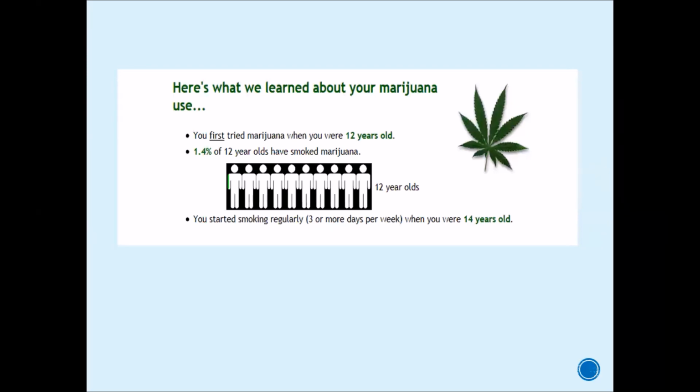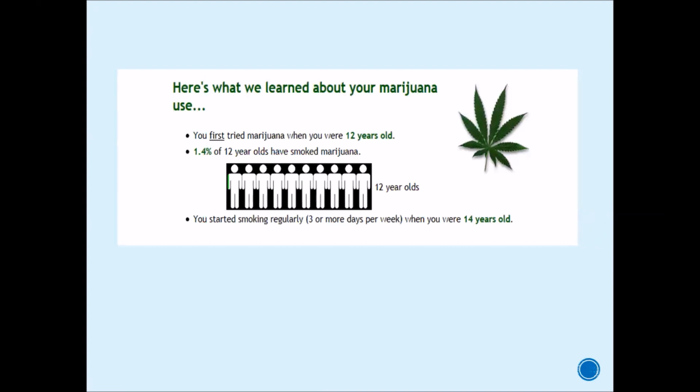And some people are really interested in knowing how their use compares to other people their age. You said that you first tried using marijuana when you were 12 years old. And when you compare that to national data in the United States, only 1.4% of 12-year-olds have ever smoked marijuana. So what do you make of that?